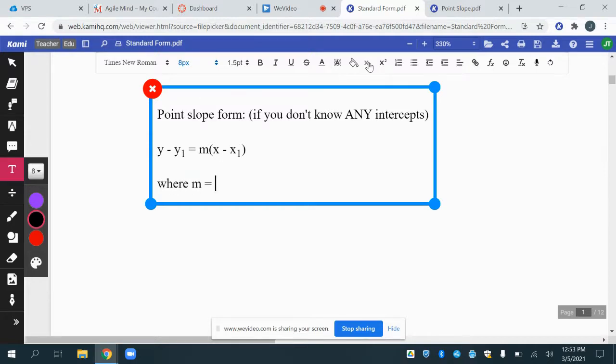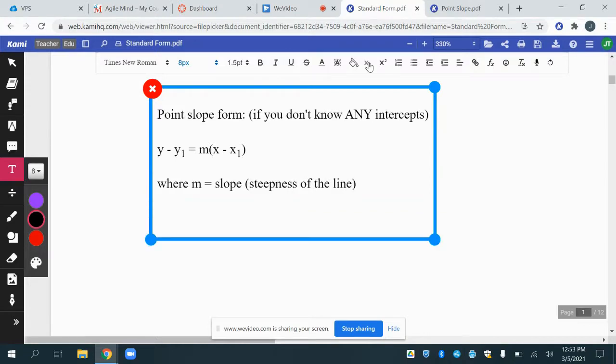M equals slope, just like before. And the point of the line.